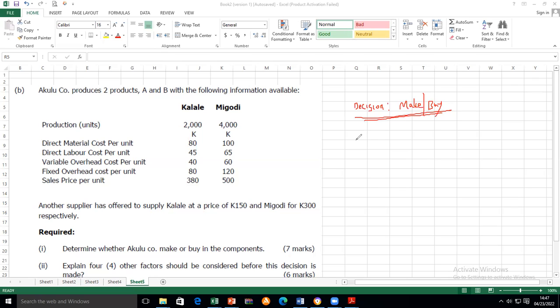What do we compare? We compare the external purchase price.